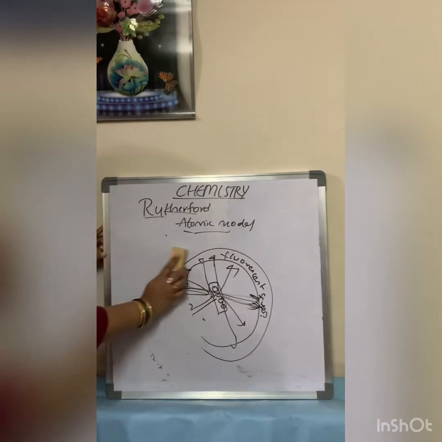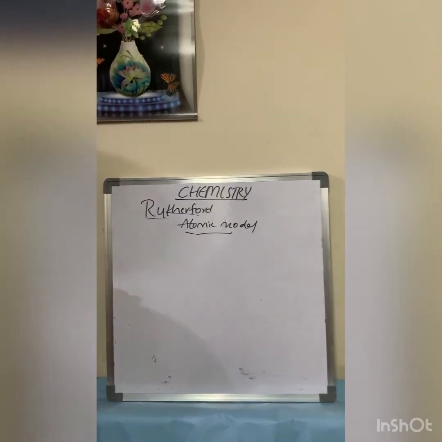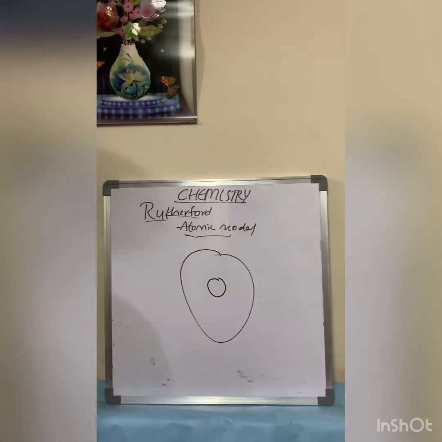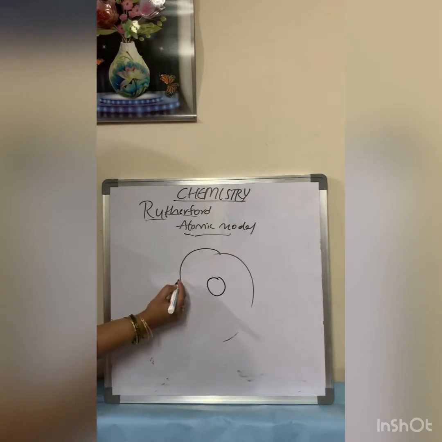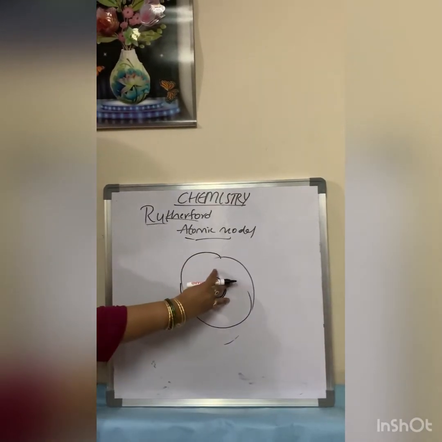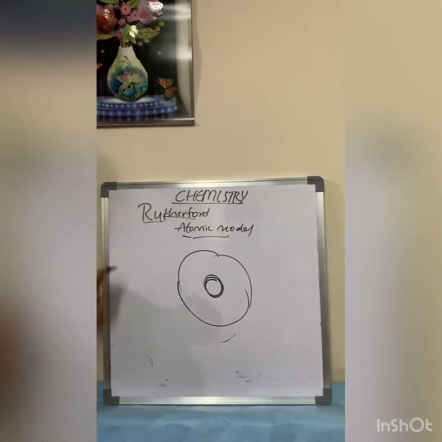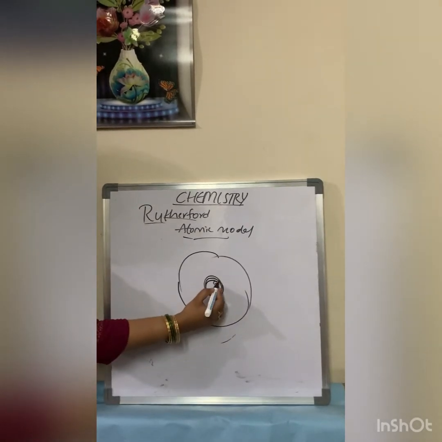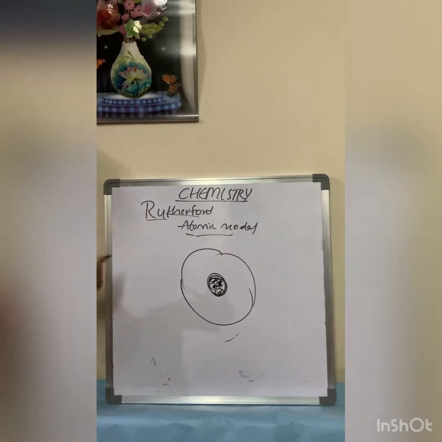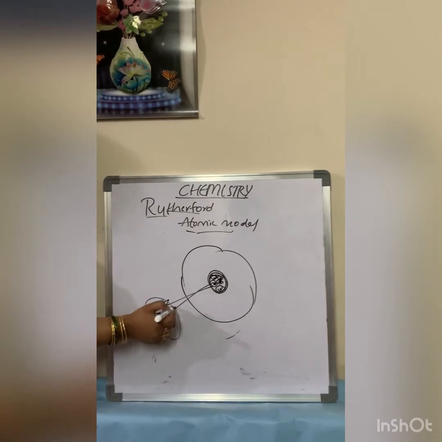in the atom protons were there, but they are localized to a structure which is very small and in the middle inside the atom. He thought that the protons are all accumulated in one place, this is the nucleus.